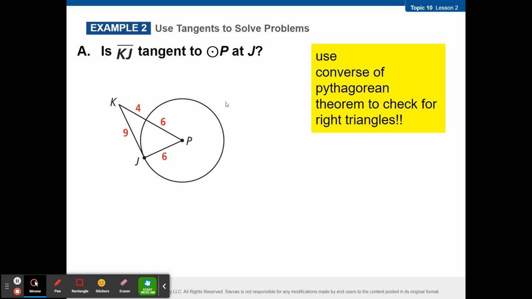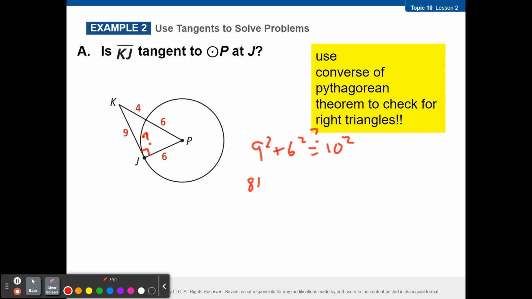So when we use the converse of Pythagorean theorem, remember, that's telling us whether or not we have a right triangle, right? So what I'm going to do here is I'm assuming that that is right, but I have to prove it. So here I have JK is 9 squared plus JP, which is 6 squared, equals 4 plus 6 right here gives us 10 squared. And that's the question mark right there.